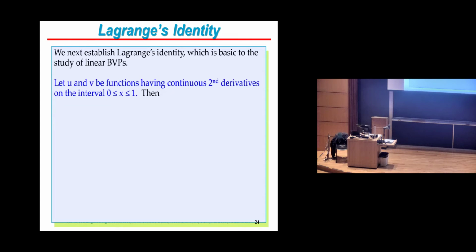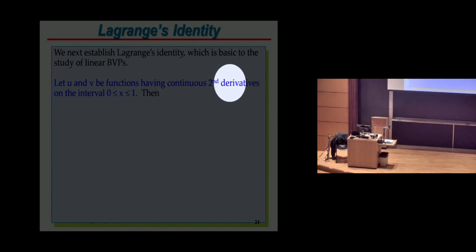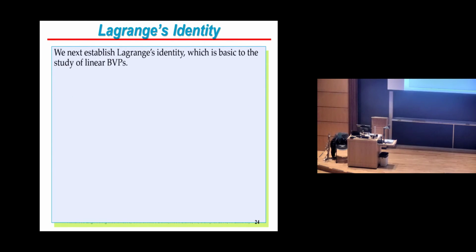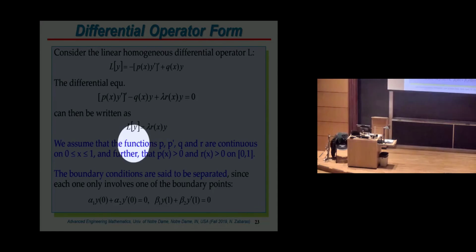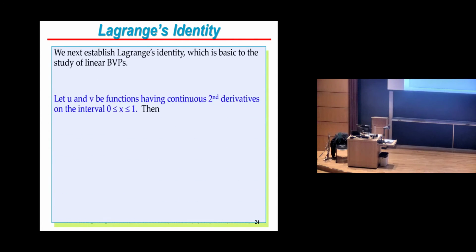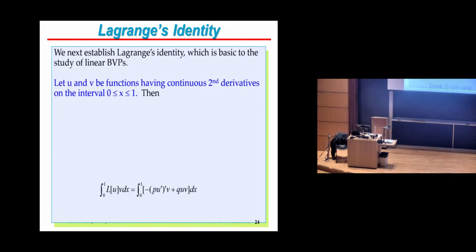The constraint comes from the fact that, if you look at this problem, u and v are like y, and we see second derivatives and first derivatives. So I'm going to take two functions that have continuous second derivatives. They're arbitrary up to now.